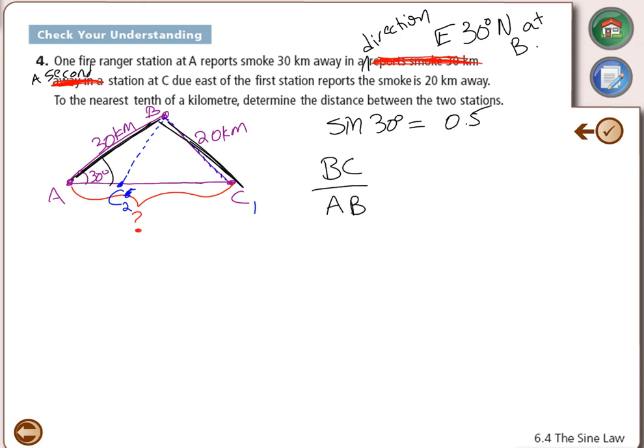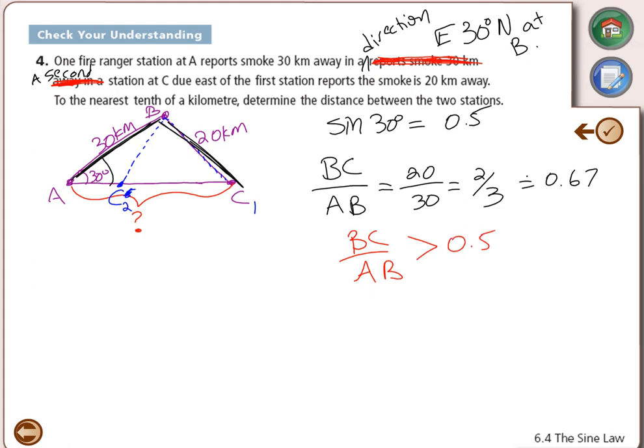BC over AB now, that's 20 over 30, which gives us 2/3, which is approximately 0.67. We can now say that BC over AB is greater than 0.5, but it's less than 1.